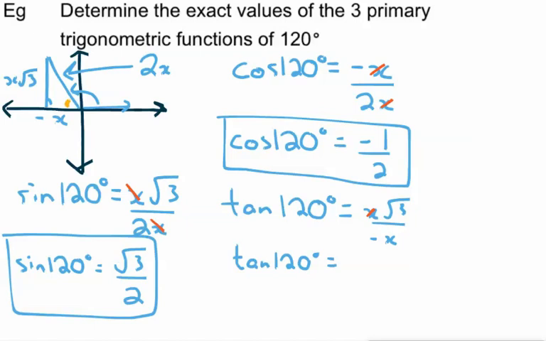So tangent 120, root 3 over negative 1. But that's messy. Putting a divide by negative 1 just isn't common practice. So tangent 120 is negative root 3.